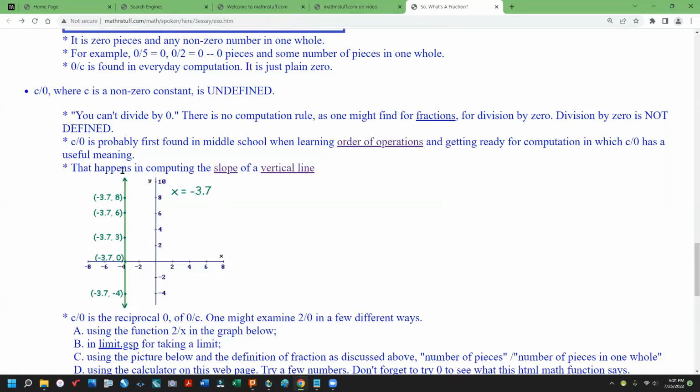But this is a vertical line. Its slope is undefined. It has no tilt to it. If you were to walk from left to right, you couldn't walk through the line. Can't do it.